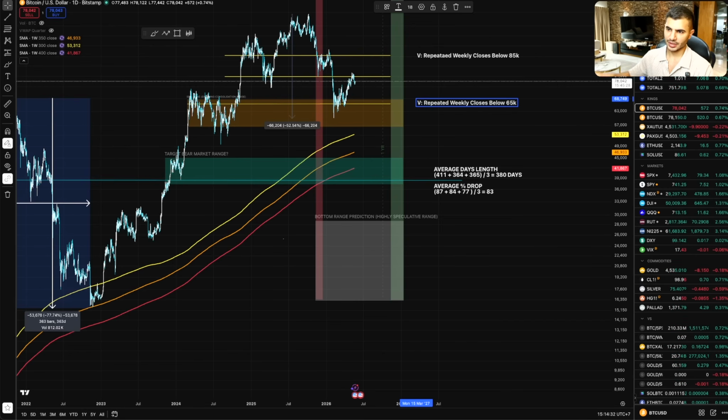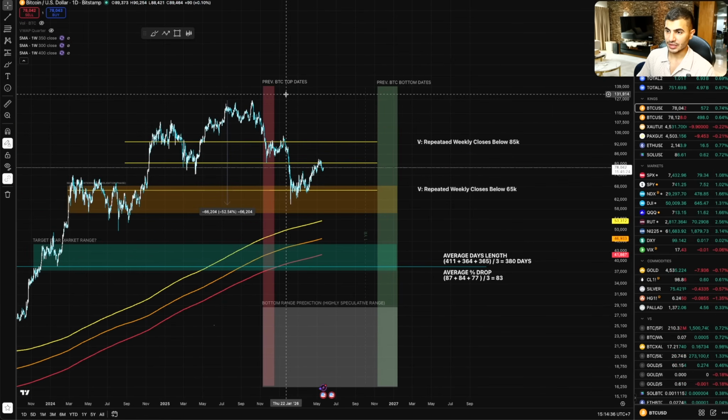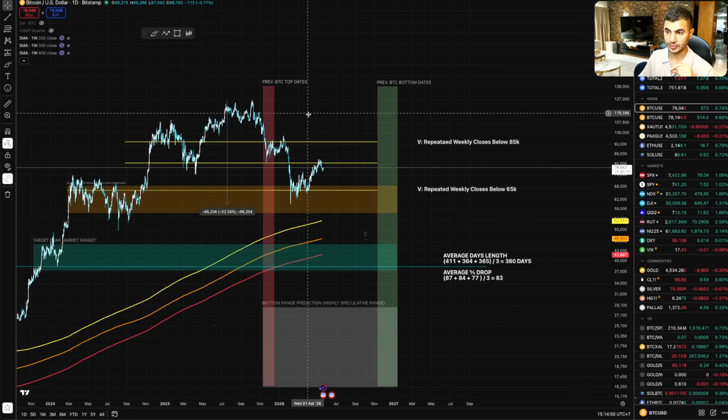The first thing that we can see from this analysis is that we topped near the dates of the previous micro cycle tops, right? For the 3 previous market cycles, the top had been between 12 November and 16 December.